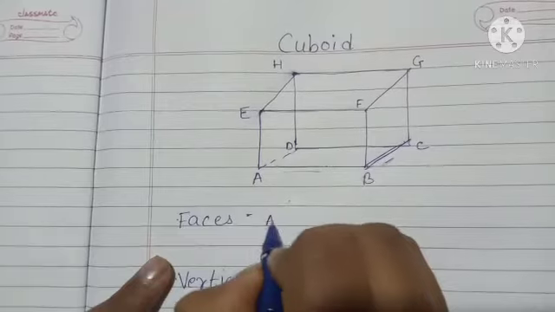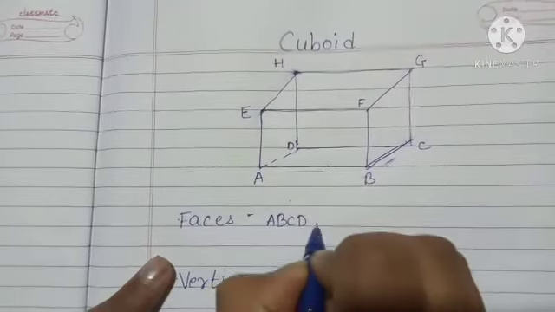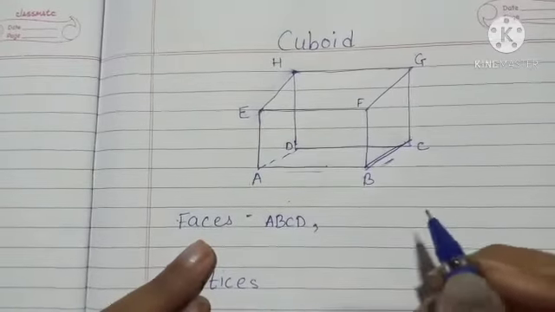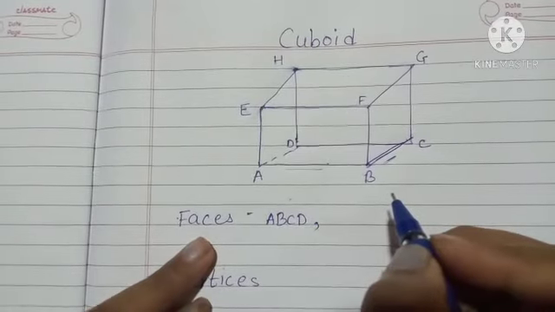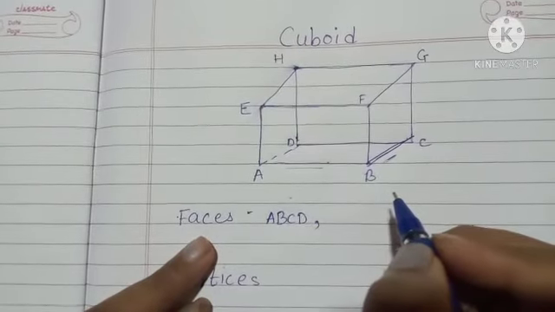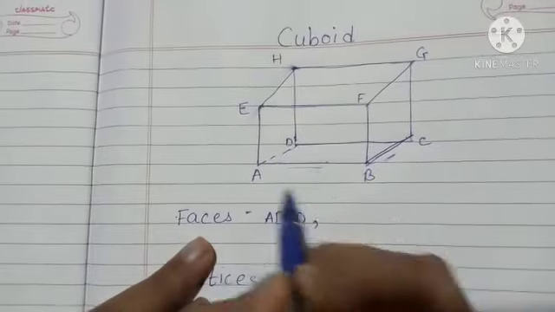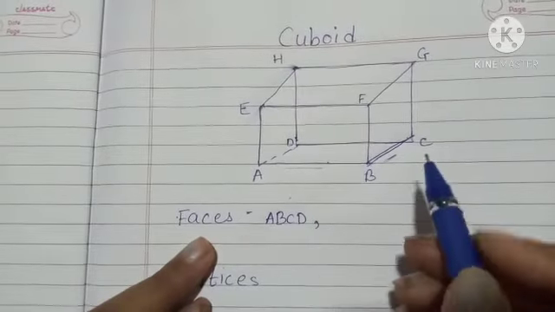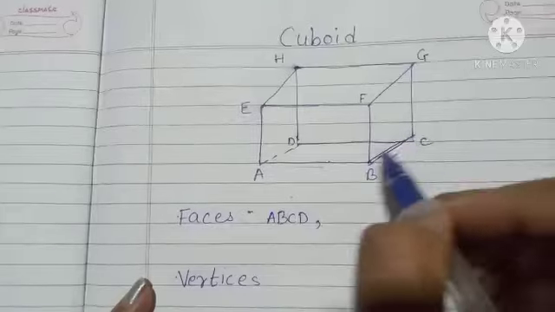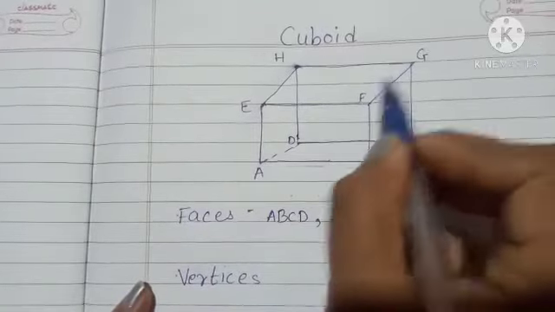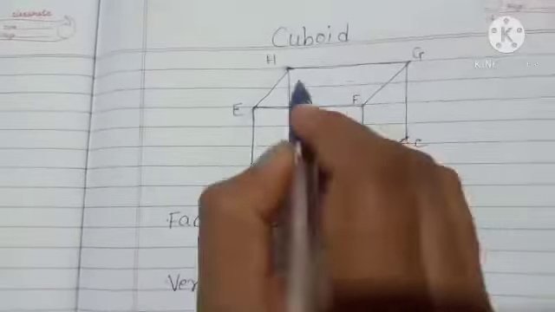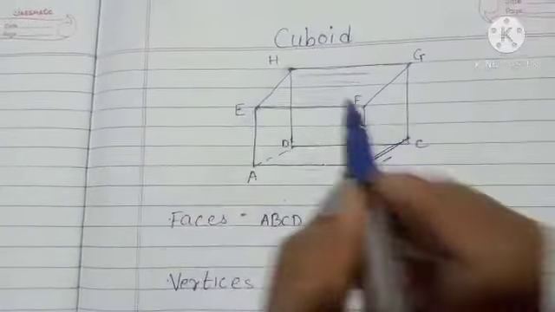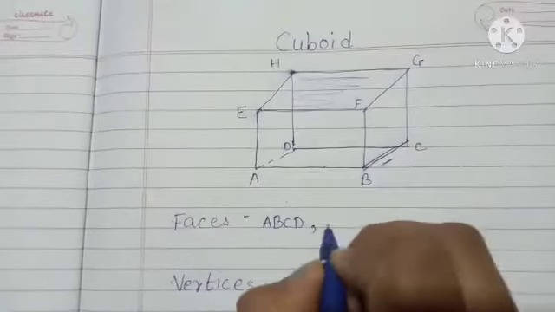As I have discussed with you what are faces, what are vertices and what are the edges, I hope you must have understood this is the first face of cuboid. Okay, the next is E, F, G, H. This one, the one which I am showing you. This is the second face.